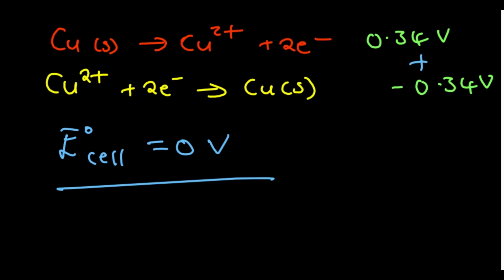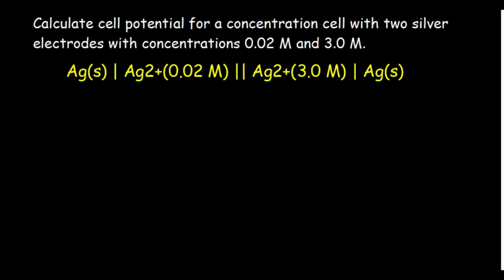So the standard cell potential in a concentration cell, because we are using the same electrodes on the left and the right, will be 0. Then how do we calculate the non-standard cell potential, where the question is asking us to calculate the cell potential for the concentration cell with 2 silver electrodes with different concentrations given?